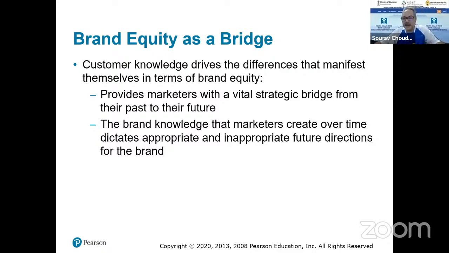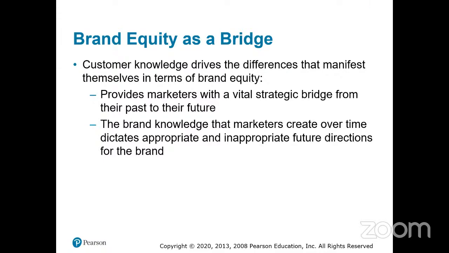That preference, knowledge, loyalty and awareness of the customer about your brand is the bridge between the past and the future.